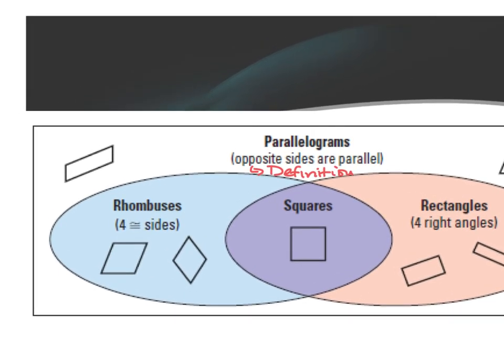The first property of a parallelogram: opposite sides are congruent. The next property of a parallelogram: opposite angles are congruent.